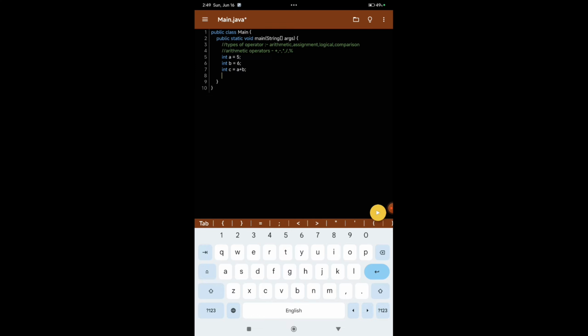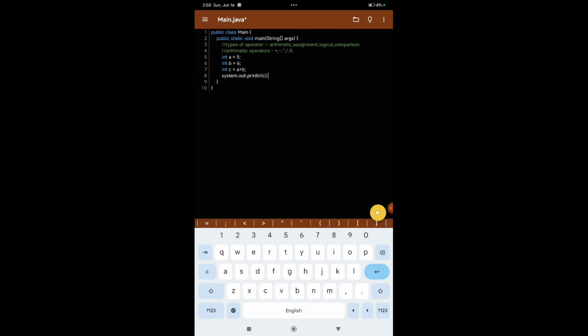Now write here System.out.println(c). So it is the first operator we have used, named plus.